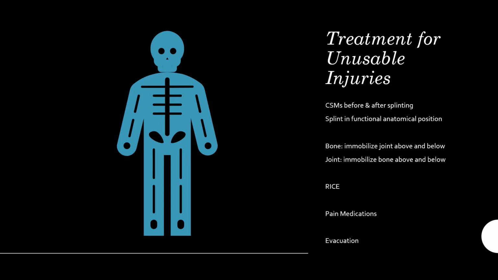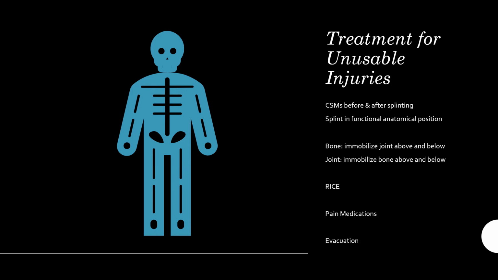However, the one thing we want to do before we splint or immobilize anybody is assess those CSMs, the circulation, sensation, and movement in that extremity where the injury has occurred. Let's say someone has fractured their femur, a closed femur fracture, or a suspected one. We're going to assess their CSMs.